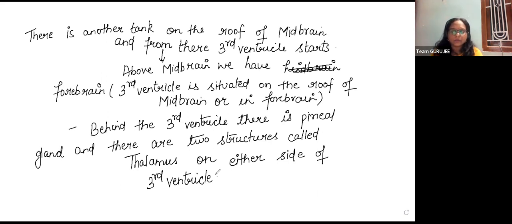Behind the third ventricle there is the pineal gland, and there are two structures called thalamus on either side of the third ventricle.